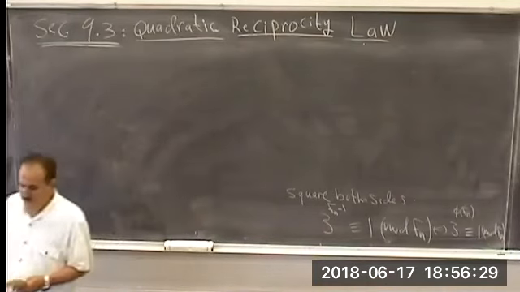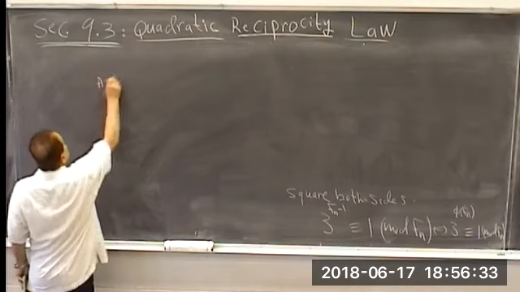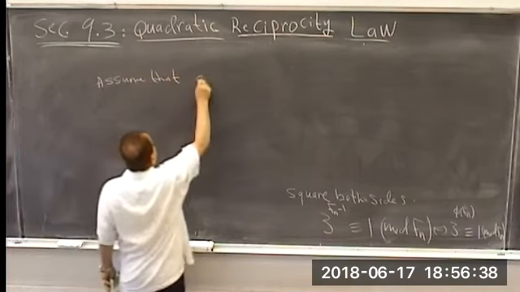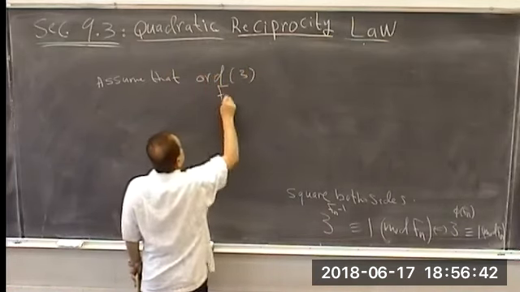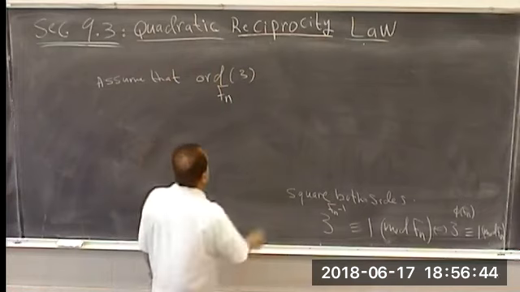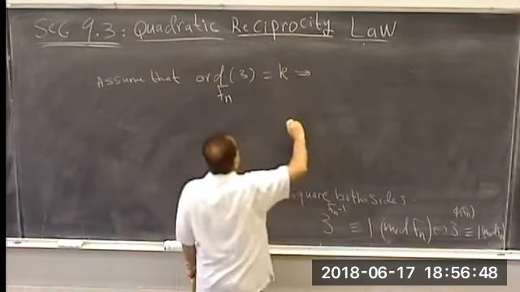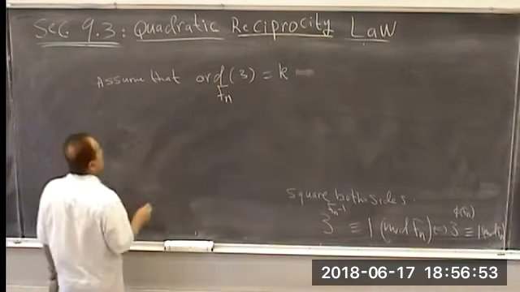Now let's assume that the order of 3 mod Fn is equal to k.